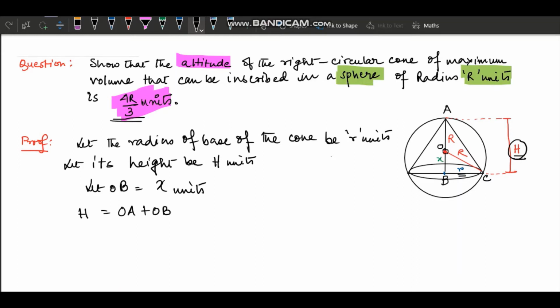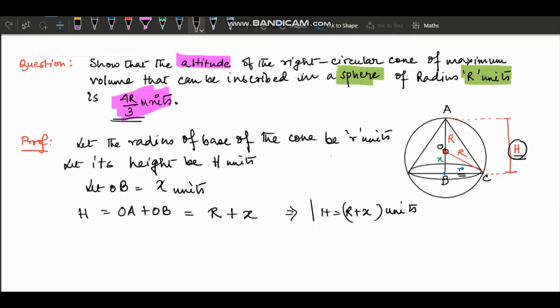Now what is the value of OA? OA being the radius of the sphere, it is equal to capital R, and we have assumed OB to be small x, just because we want to keep it in terms of one variable only. So we can write h as R plus x units.